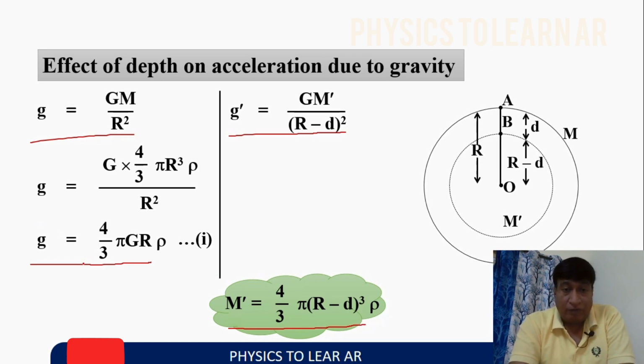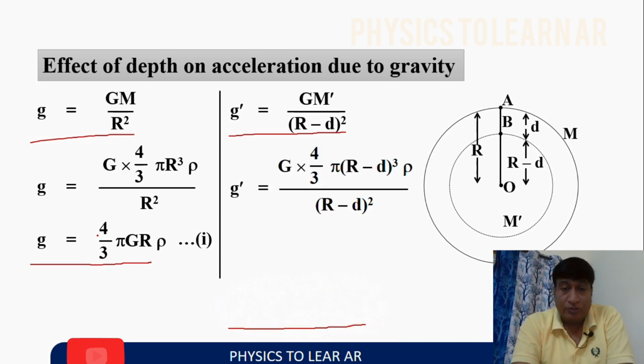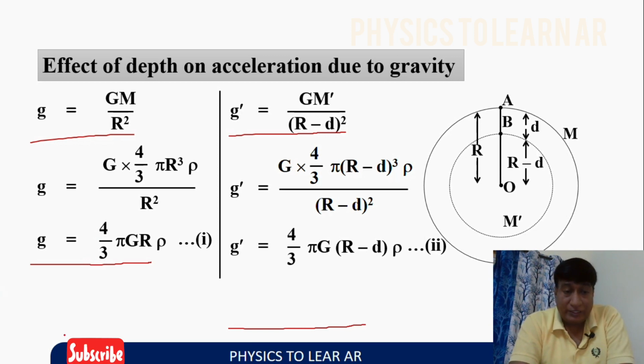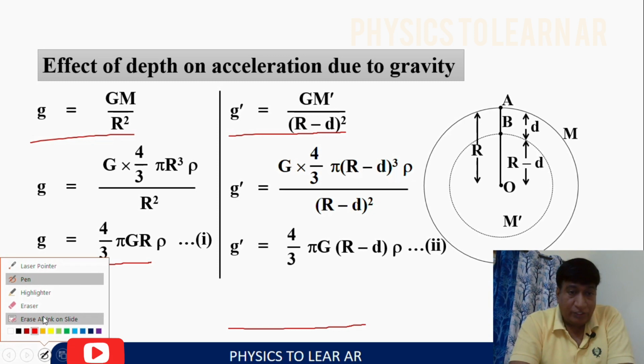With these two equations, by substituting, I can get the g dash value like this.